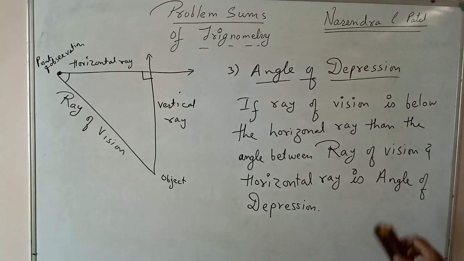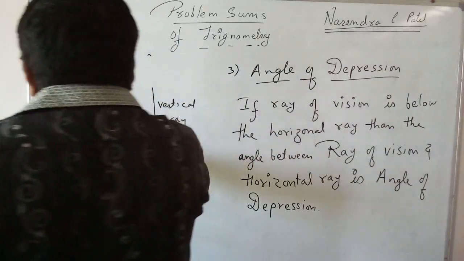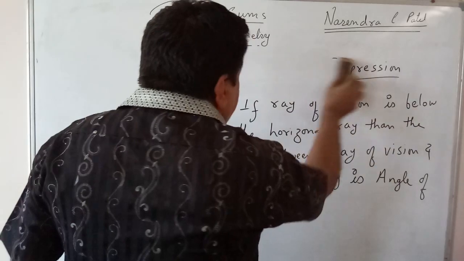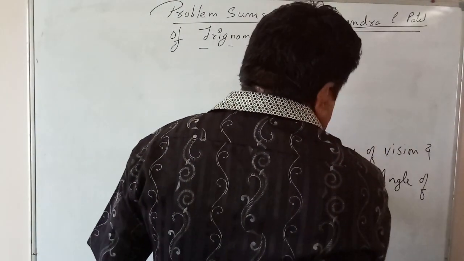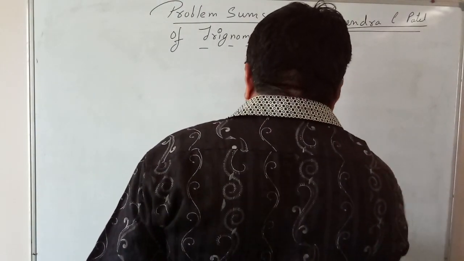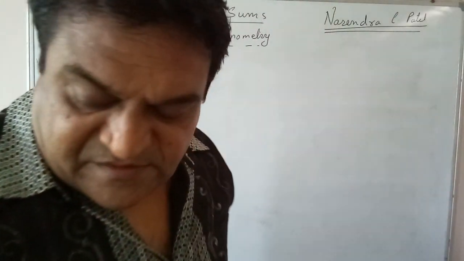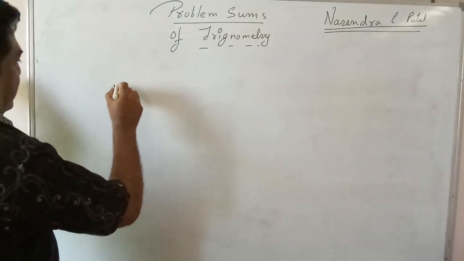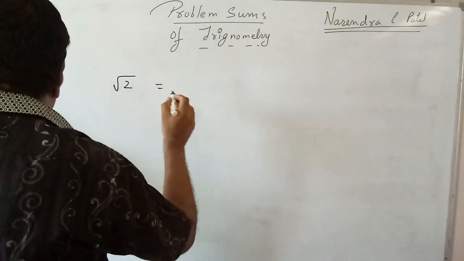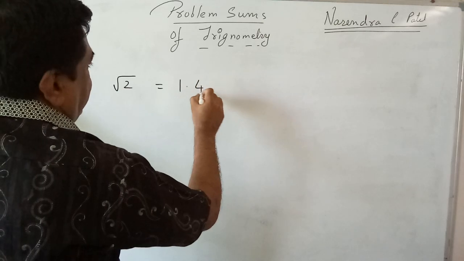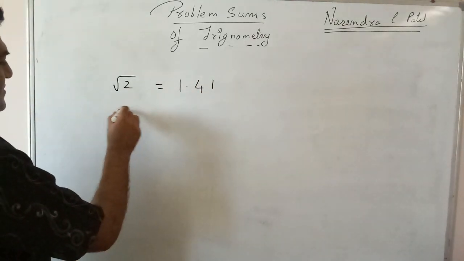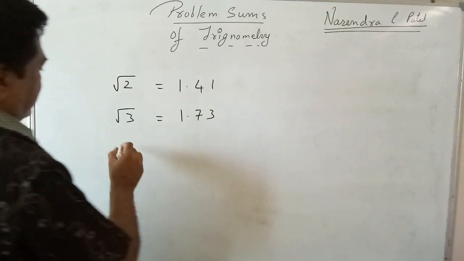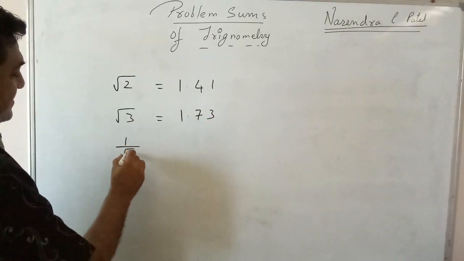Now, after getting this much knowledge, and before going to solve the sums, you should know some basic values of trigonometry. You will rarely use root 2, and you should know the value of root 2 is 1.41. Root 3 will come, then you have to use 1.73. Sometimes 1 upon root 3 will come.